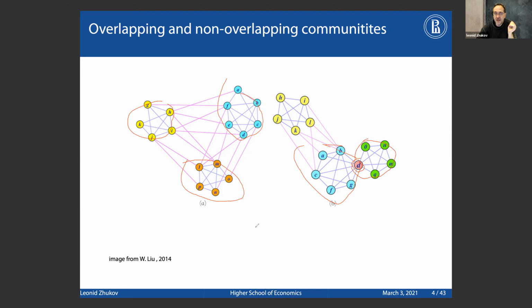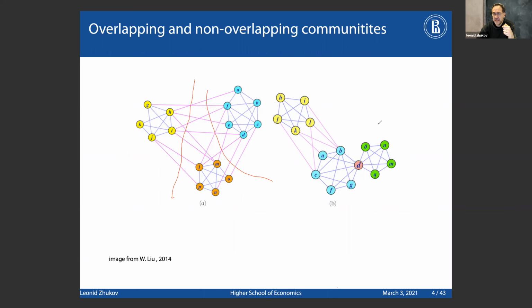Speaking of non-overlapping communities, those of you who remember the previous lecture can clearly see that the problem of detecting these communities can be thought of as a problem of graph partitioning, because here we can actually cut out edges, and that will separate the graph into the communities.